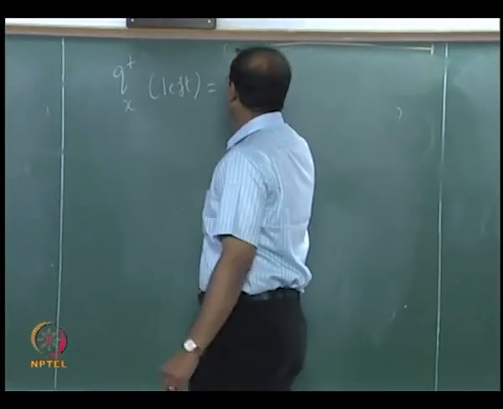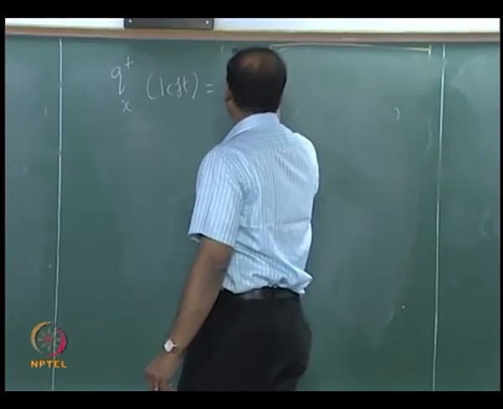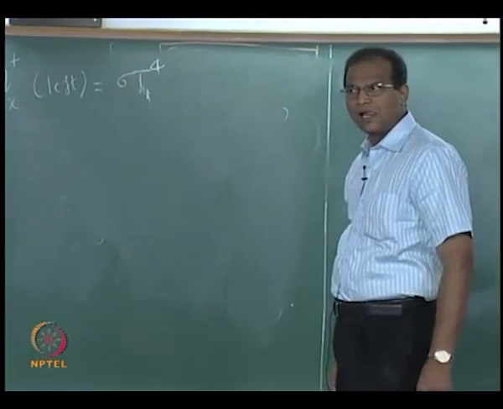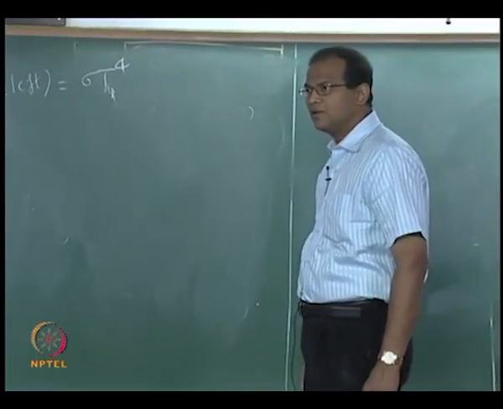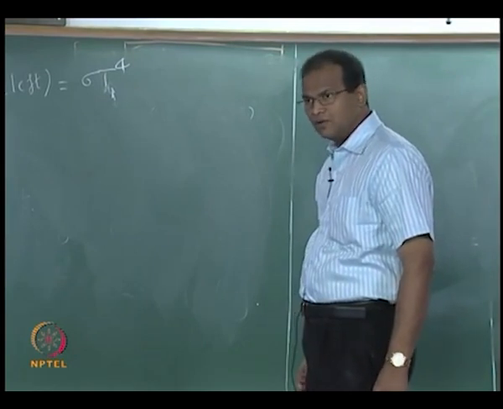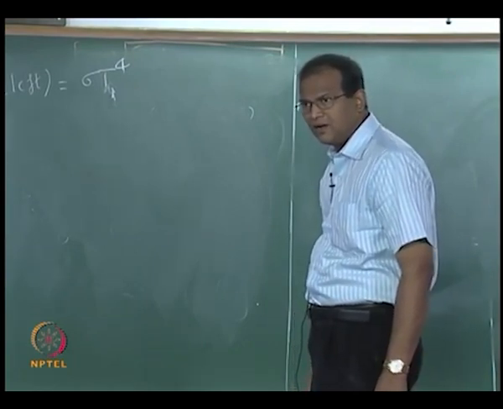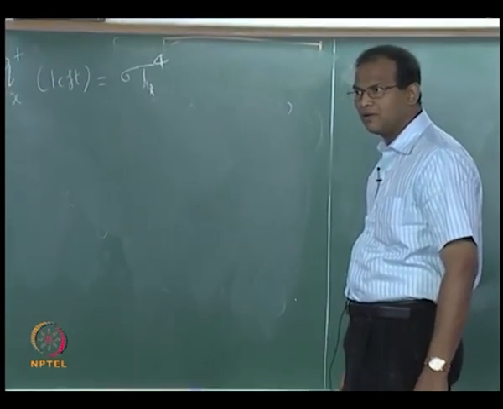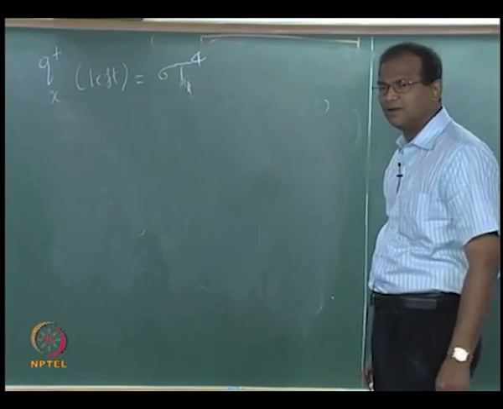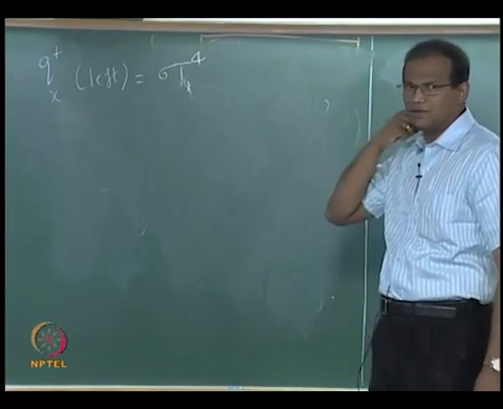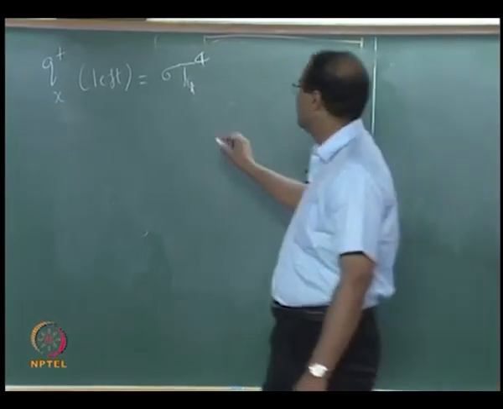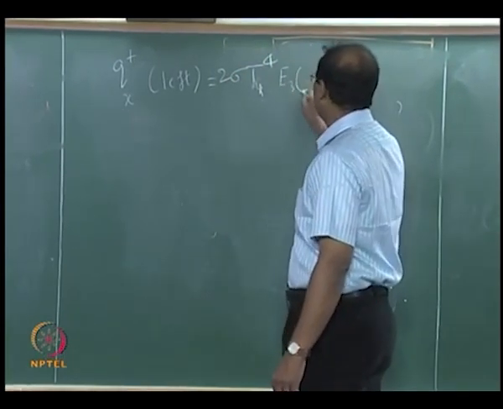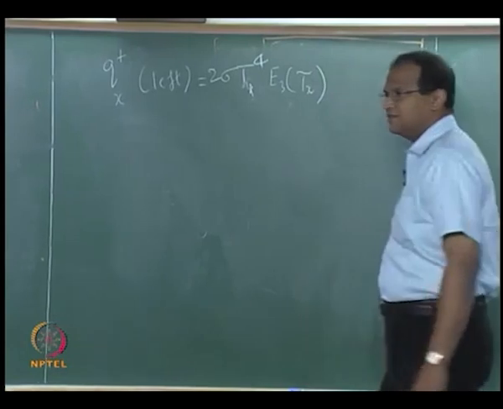Sigma T1 to the power of 4 into 2 E3, 2 sigma T1 power 4 E3. 2 from the left, I am taking from the left. 2 sigma E3 of tau of x.